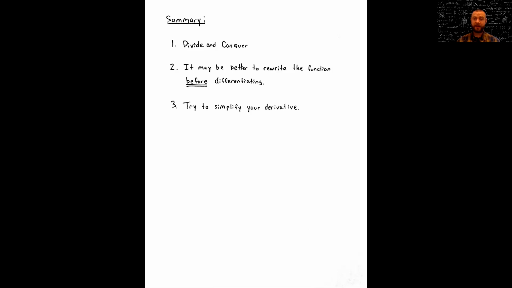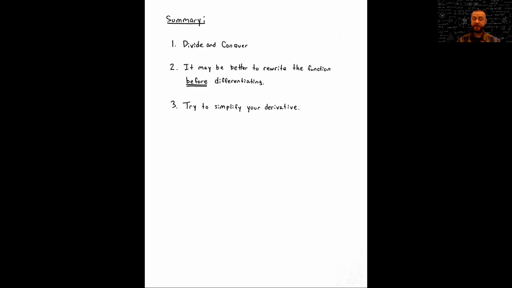So take a complicated problem, split it into several simpler problems, solve those simpler problems, and then reassemble, combine the pieces to solve or conquer the original complicated problem. We'll continue to use that once we introduce the final differentiation rule called the chain rule.